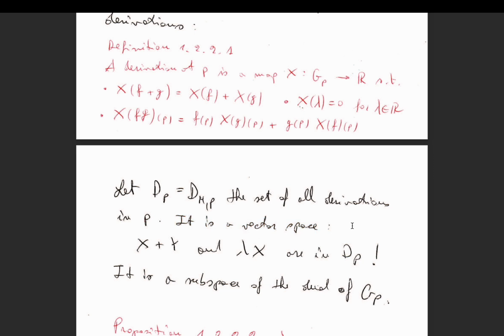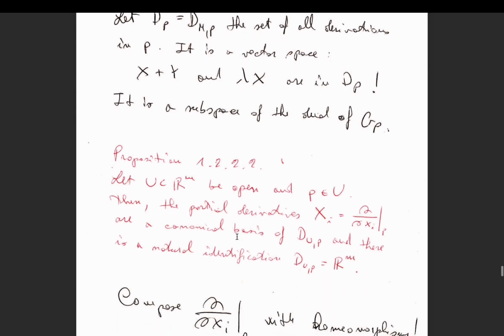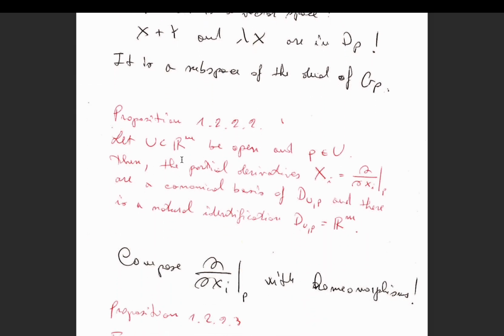Now, let U be a subset of R^m. It's easy to see that the partial derivatives form a basis for the space of derivations D_P U at the point P, P being a point of U, U being an open set of R^m.